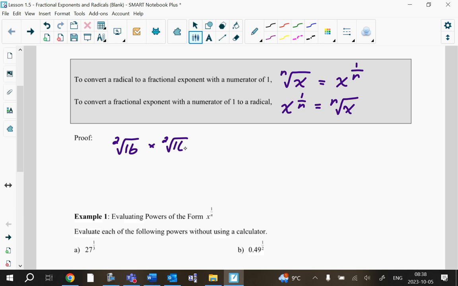What's the square root of 16 times the square root of 16? 16, because the square root of 16 is 4, times another square root of 16 is 4, which equals 16.